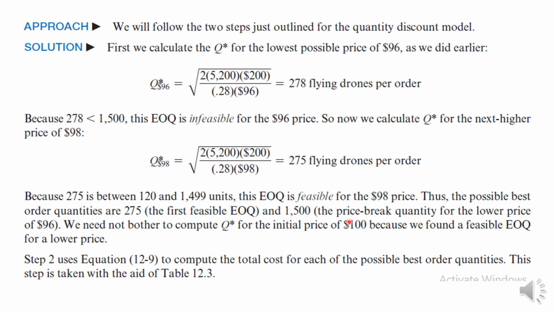That is also called the price break quantity. The price break quantity is 1500. So we take the 1500 for the total cost as well. So the possible order quantities we may have are 1500 and 275. So we will find the total cost of both.